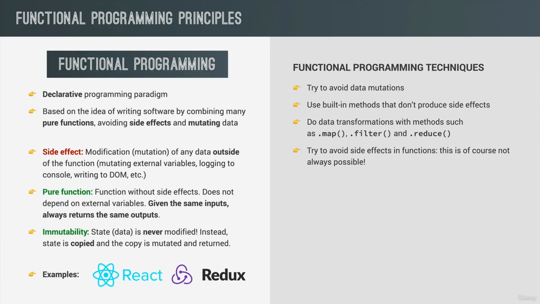Another thing that you can do is to always prefer built-in methods or functions that do not produce side effects over the ones that do. This is really important for data transformations. Whenever you want to do that, you should use a method such as map, filter, and reduce.